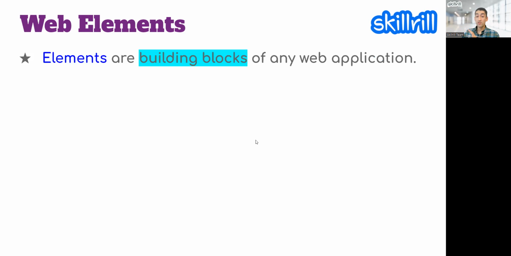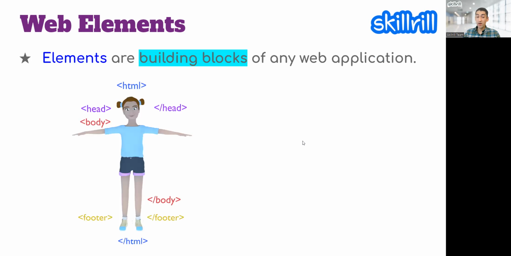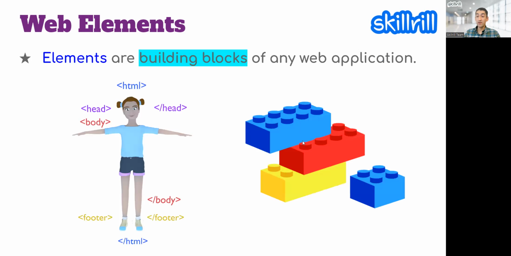Okay. So elements on any web page, on any web application, are like Lego blocks, basically, right? They're like Lego blocks, but the very, very simple language that's used to build those blocks is referred to as HTML.